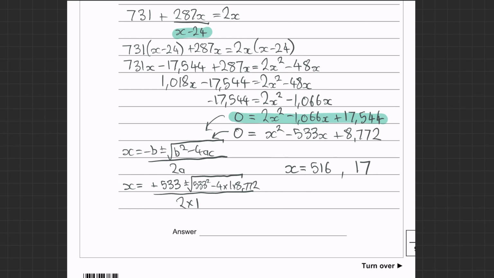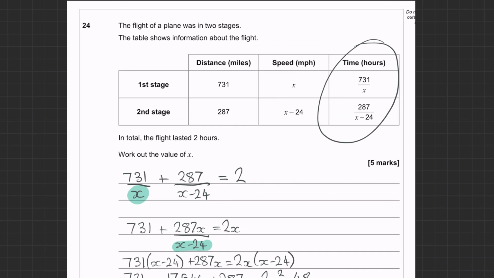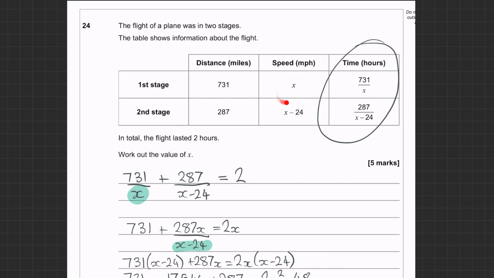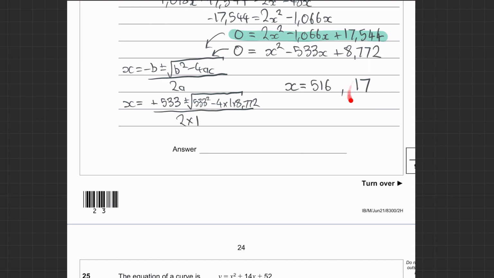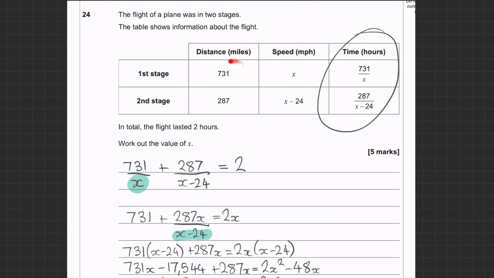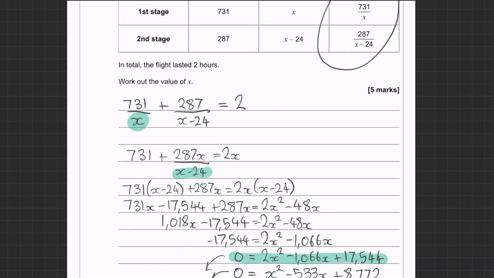Now, obviously, it can't be both. And we've also got to be a bit logical here, because 17, if you input it back into this here, it will work for both. They'll both equal 2 hours. But you've also got to think logically. The distance is this. If they're traveling at x, the speed, if they're traveling at 17 miles per hour, they're actually not going to travel 731 miles within 2 hours.